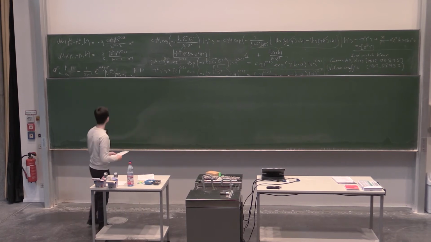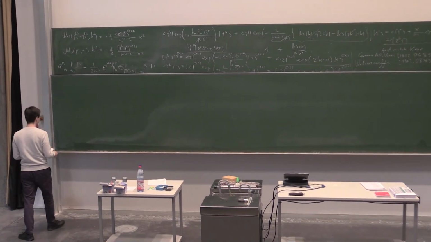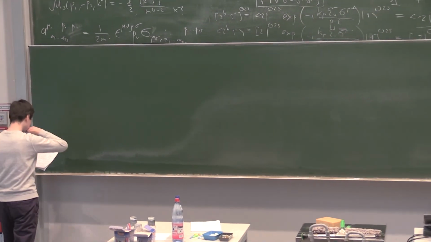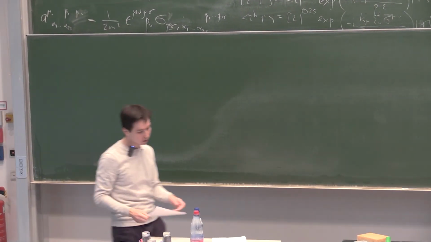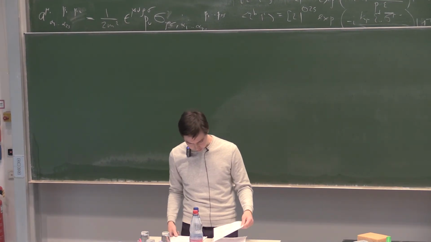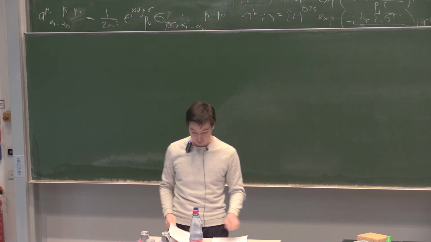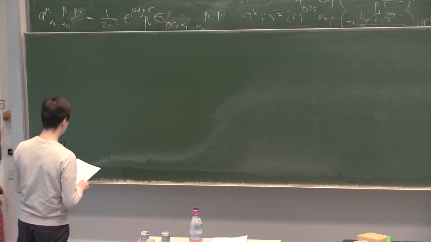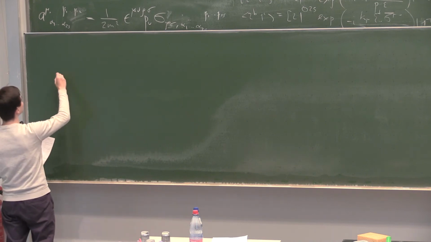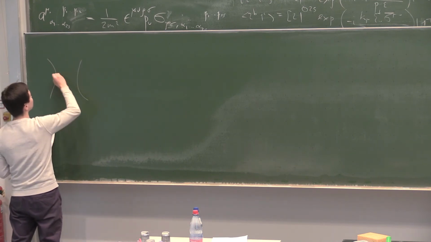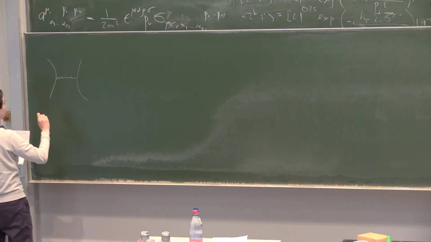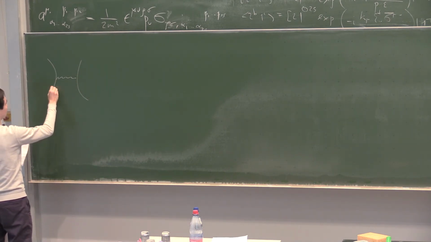So indeed, let's now feed it into a scattering situation, and in a scattering situation I will be using results from other people. I want to consider two black holes, tree-level lowest order scattering.